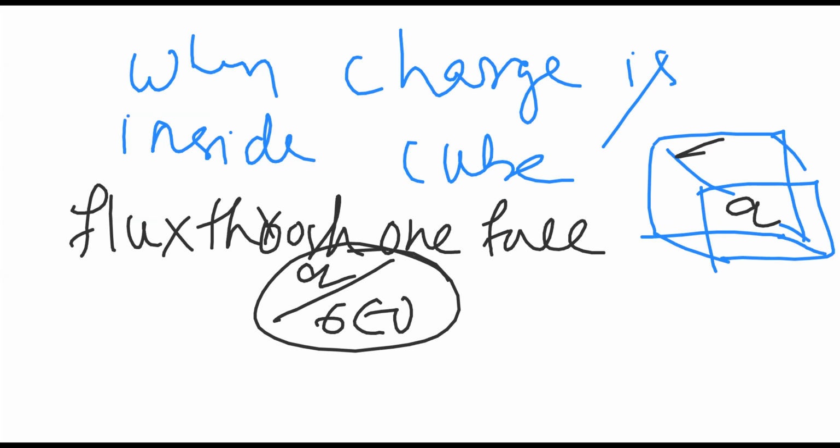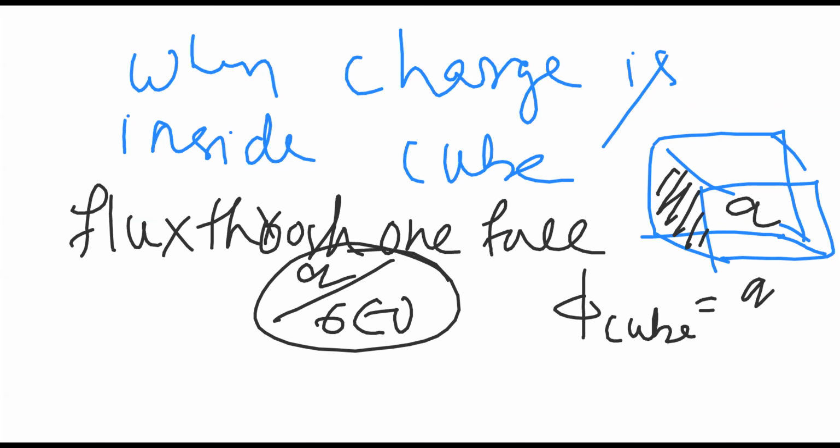Because here how many total faces? For a cube, there are 6 outer faces. When the charge is inside, it will be q by 6 epsilon naught through one face, this face. But the flux through the cube is q by epsilon naught. The flux through the cube is q by epsilon naught, but through one face it is q by 6 epsilon naught.